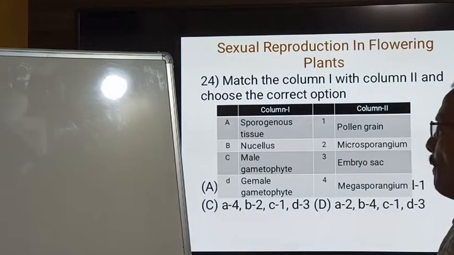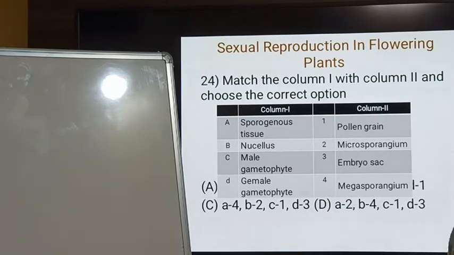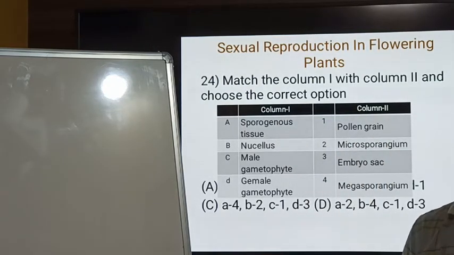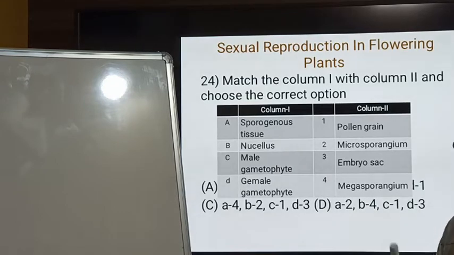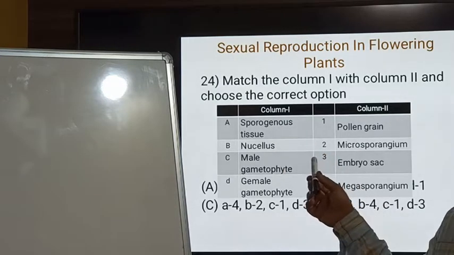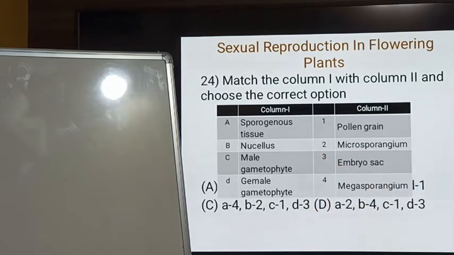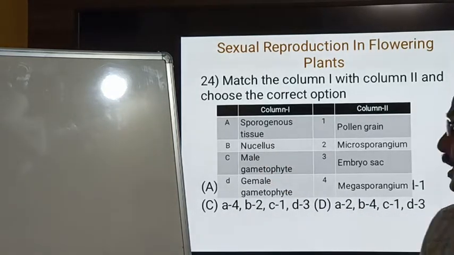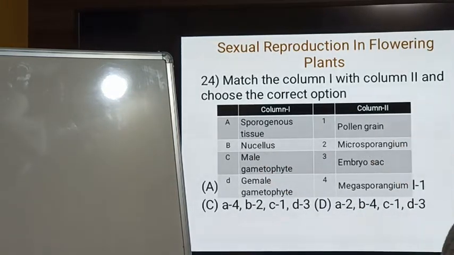Next, match the following. They are given 2 columns. We should match them. Whenever there is a match the following type of question, always just draw lines from column A to column B. Sporogenous tissue. Where do you find the sporogenous tissue? Inside the microsporangium.